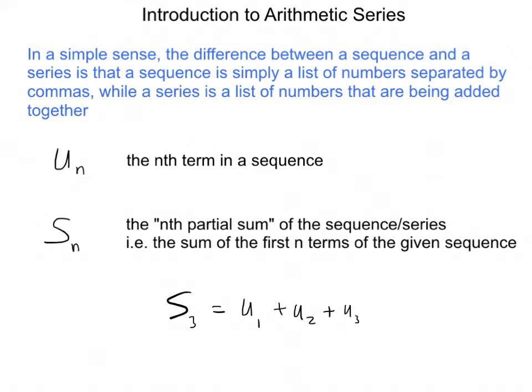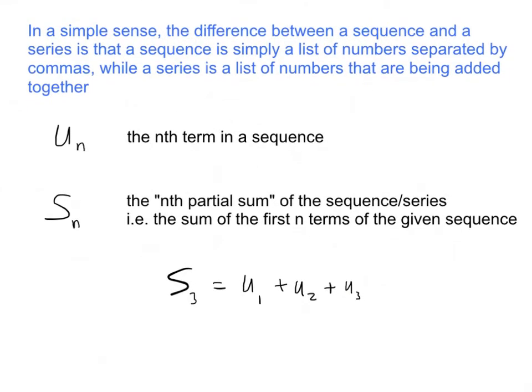And so you can see where people get this idea that a series is like a sequence where instead of having commas, you have pluses in between. It goes without saying that if someone were to ask you to find S17, it would mean U1 plus U2 plus, all the way on up to U17.